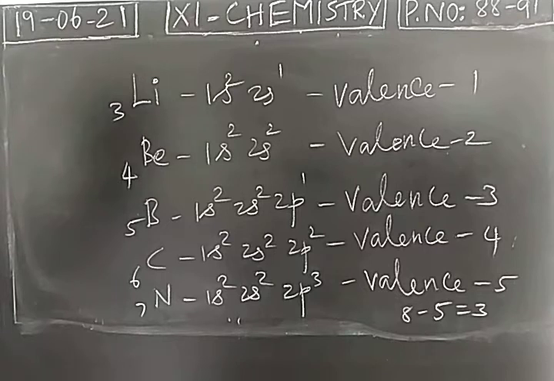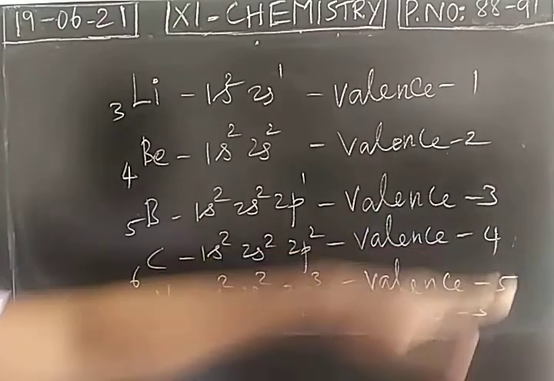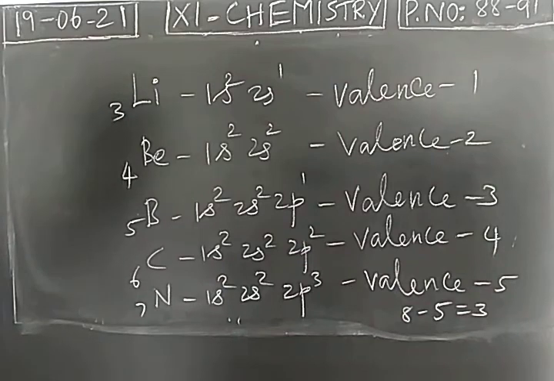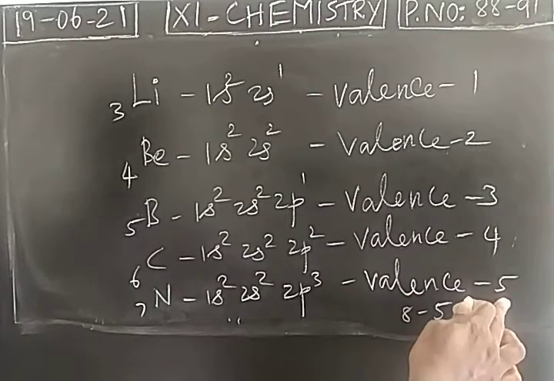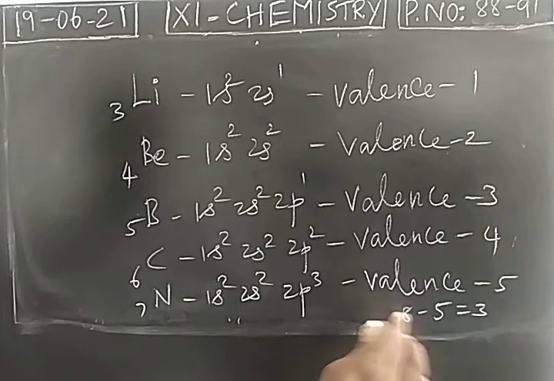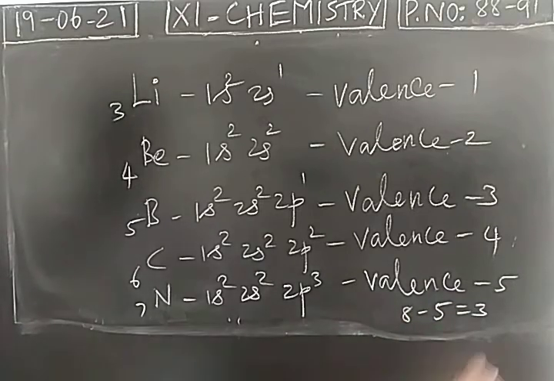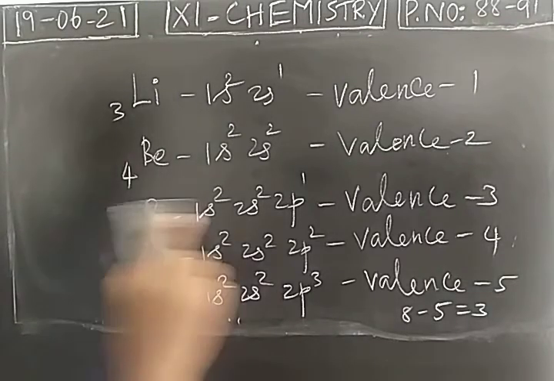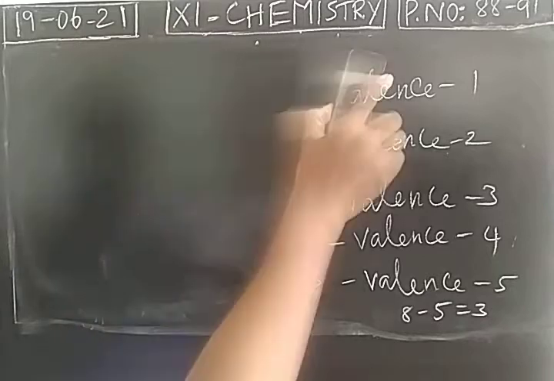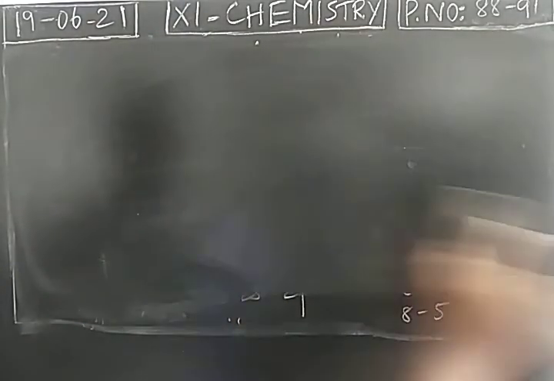So when you find the number of valence electrons, up to valence electron 4, you take it as the valence. If the valence electrons are above 4, that is 5, 6, 7, 8, the element will exhibit valence 5 as well as 8 minus 5. So 2 valences will be exhibited by nitrogen, 3 and 5. So this is the method of finding the valence.